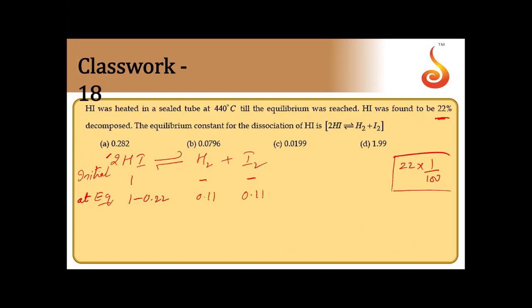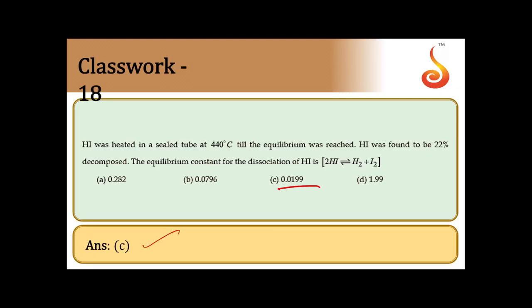The remaining moles left at equilibrium will be 0.78. So 0.11 and 0.11, 0.78. Now equilibrium constant K will be equal to 0.11 into 0.11 by 0.78 the whole square, because H2 I2 by HI square, which comes to 0.0198. Option is C. So C is the answer.